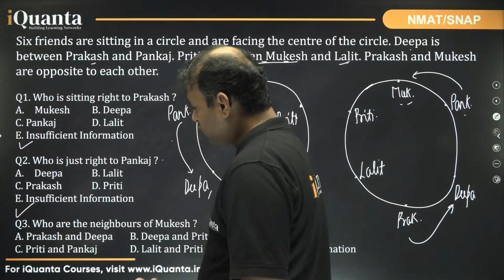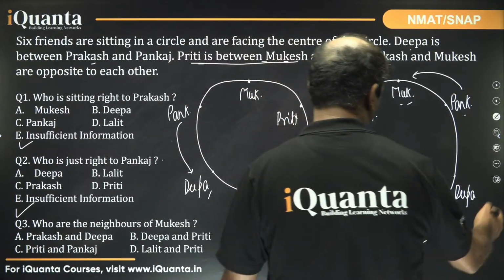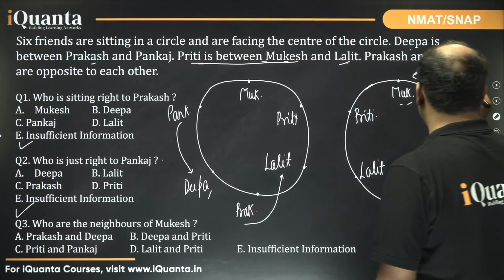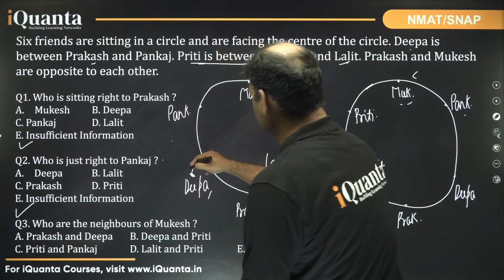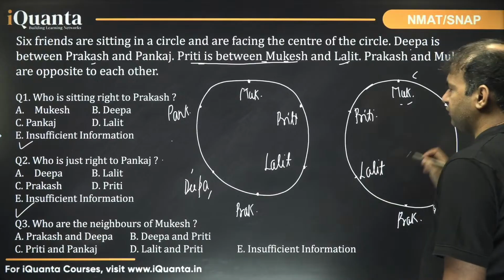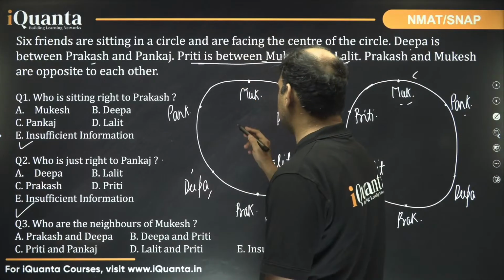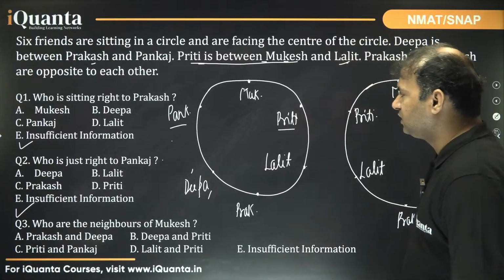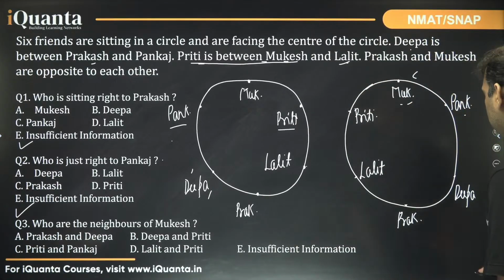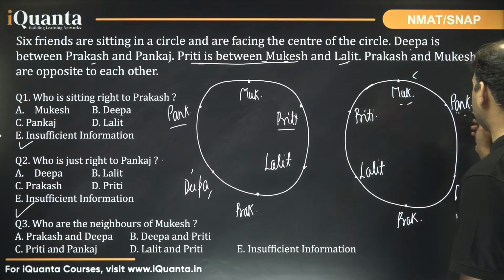Third question, who are the neighbors of Mukesh? So guys, they are talking about the neighbors, means both the neighbors in a way, right? Let's see the first arrangement. In the first arrangement, the neighbors of Mukesh are Pankaj and Preeti. And in the second one, the neighbors of Mukesh are Pankaj and Preeti as well.